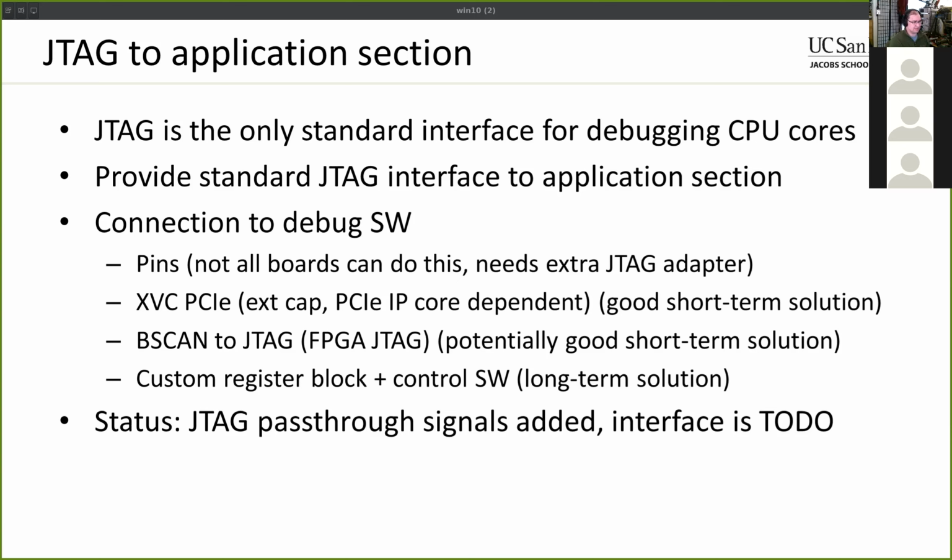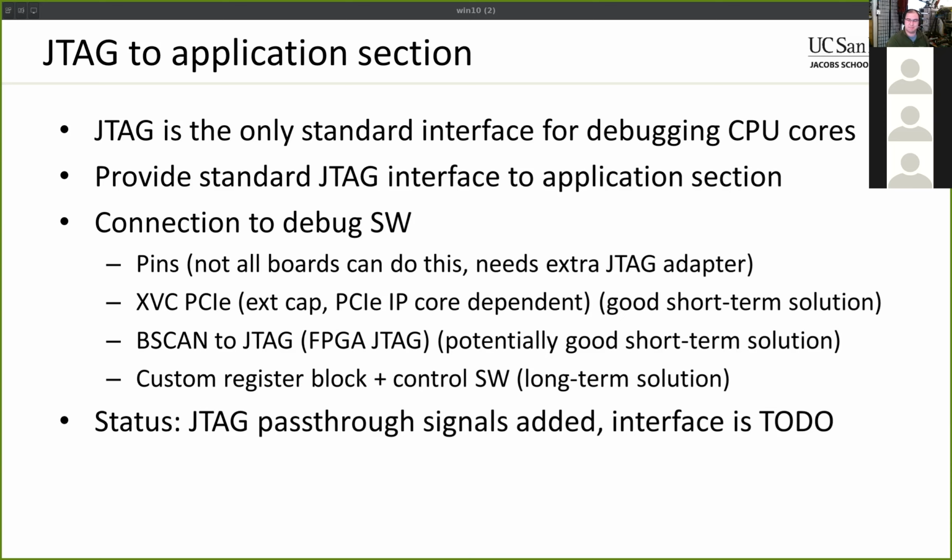Another option is the Xilinx virtual cable over PCIe. And the idea with that is they have a PCI Express extended capability, and then you can talk to that from user space. And OpenOCD can actually talk to that natively, which is kind of interesting. So that's potentially a really good short-term solution because OpenOCD can talk to it. The Xilinx tools, I think, can talk to it. Certainly I hope that if it's a Xilinx virtual cable, the Xilinx tools should be able to talk to it.